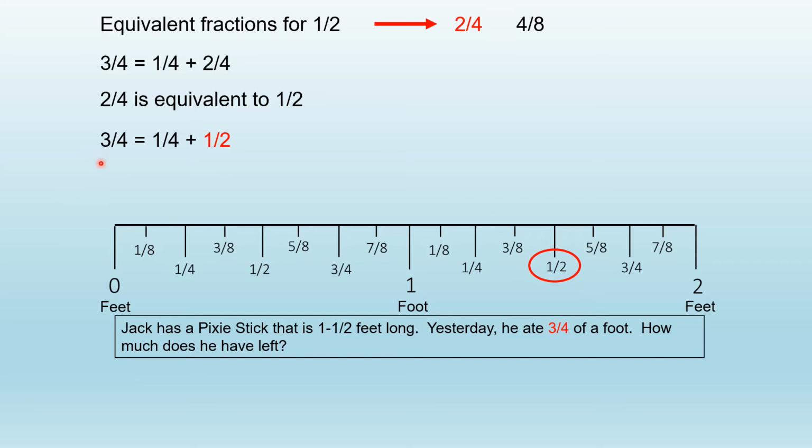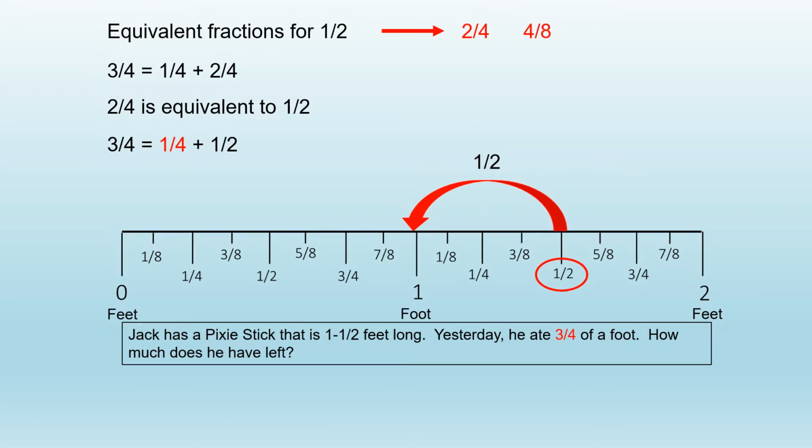And since I know that 3/4 equals 1/4 plus 1/2, I'm going to move back 1/2 of a foot. And now I'm going to move back the remaining 1/4 of a foot. This 1/2 and 1/4 of a foot represents the 3/4 of a foot that Jack ate.